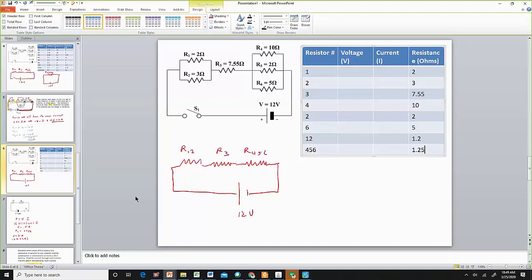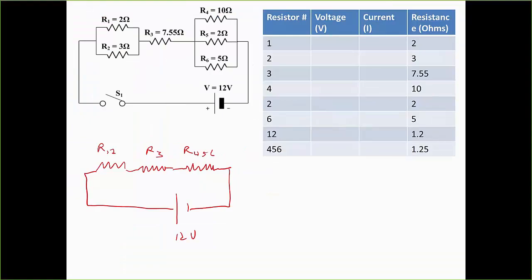All three of these resistors are in series, so I can again reduce them down to just one resistor. That's R123456, hooked up to my 12-volt battery.